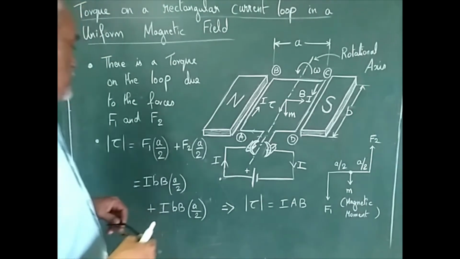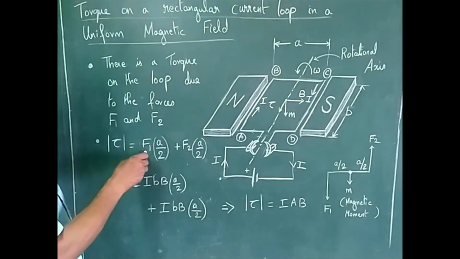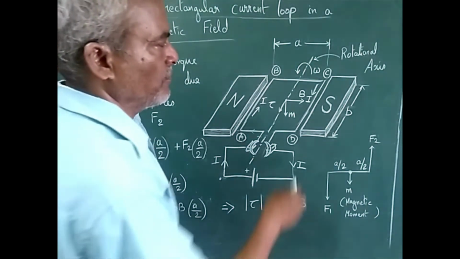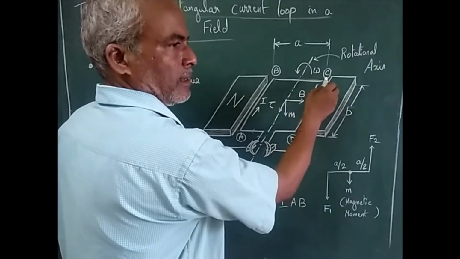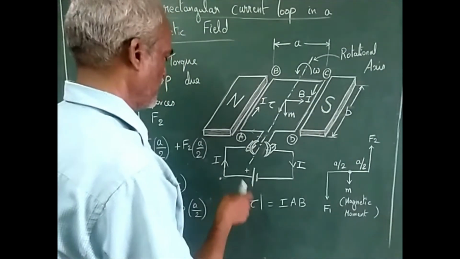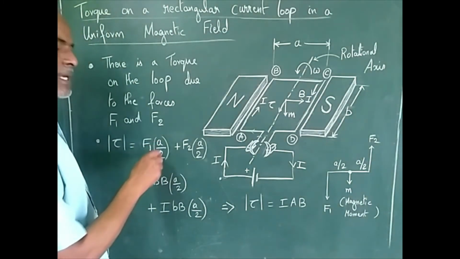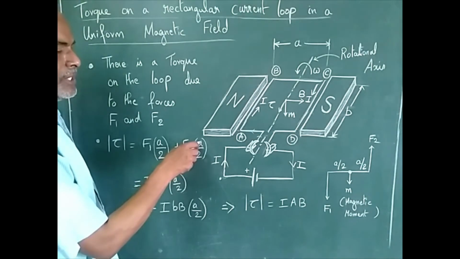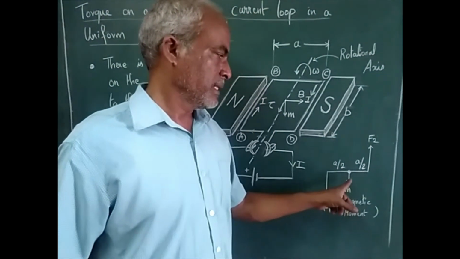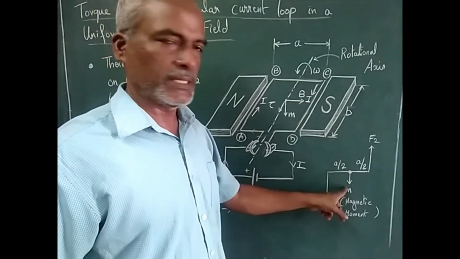So the magnitude of the torque is equal to force F1 into distance A by 2. Now if you carefully see, this is the length A and this length is A by 2. So force F1 into A by 2 plus F2 into A by 2, because if you see this diagram, the magnetic moment is pointing downwards.